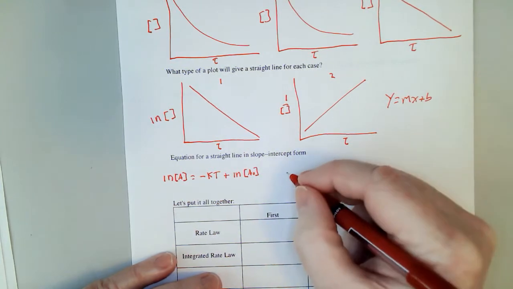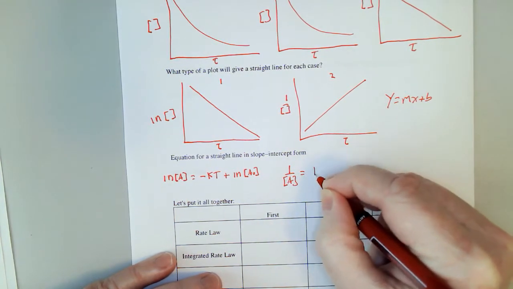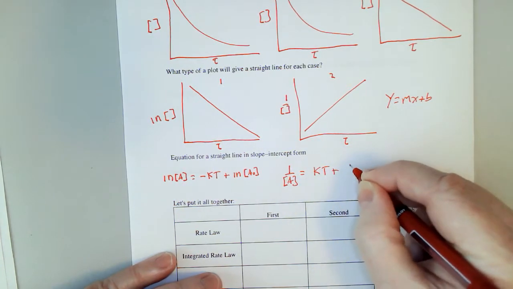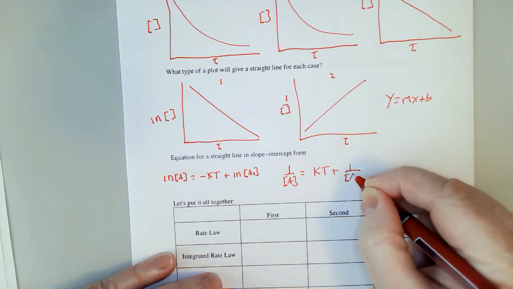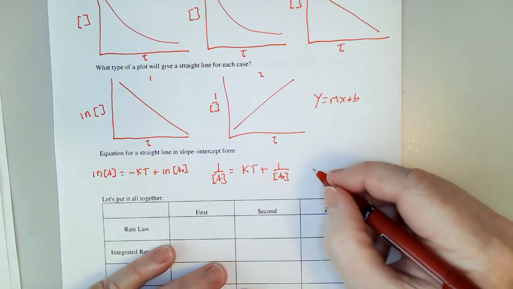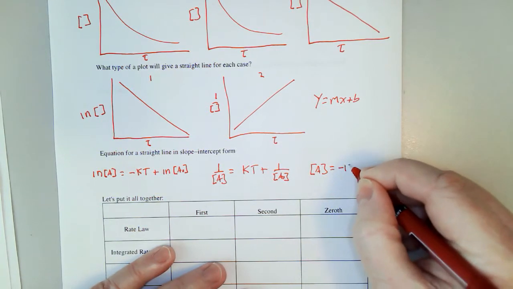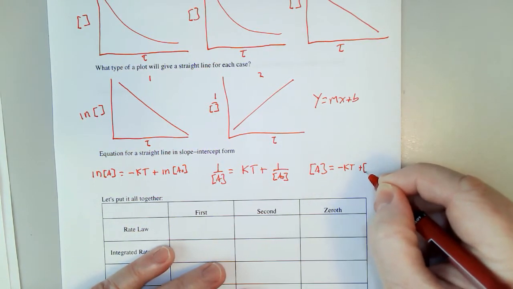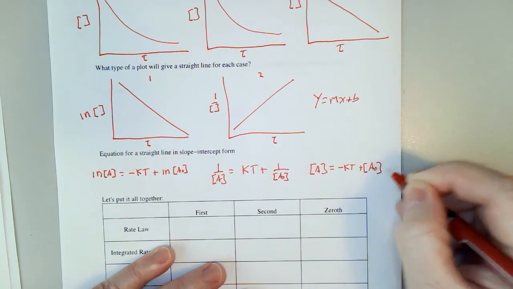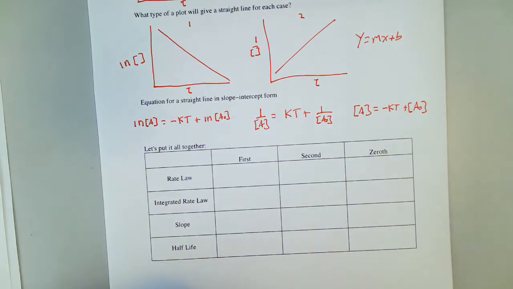For a second order, 1 over the concentration of A equals kt plus 1 over A naught. And then for the zeroth order, it's simply the concentration of A equals minus kt plus the concentration of A naught. So those are great slope-intercept forms, and they get a name.